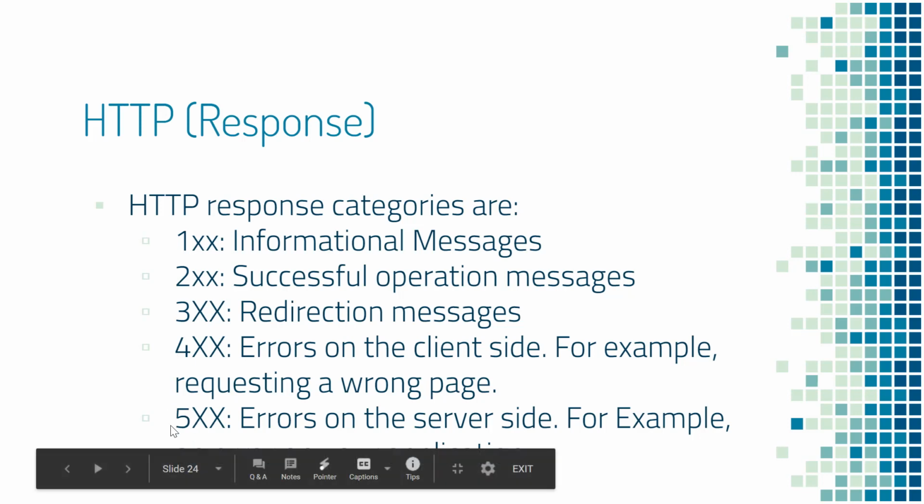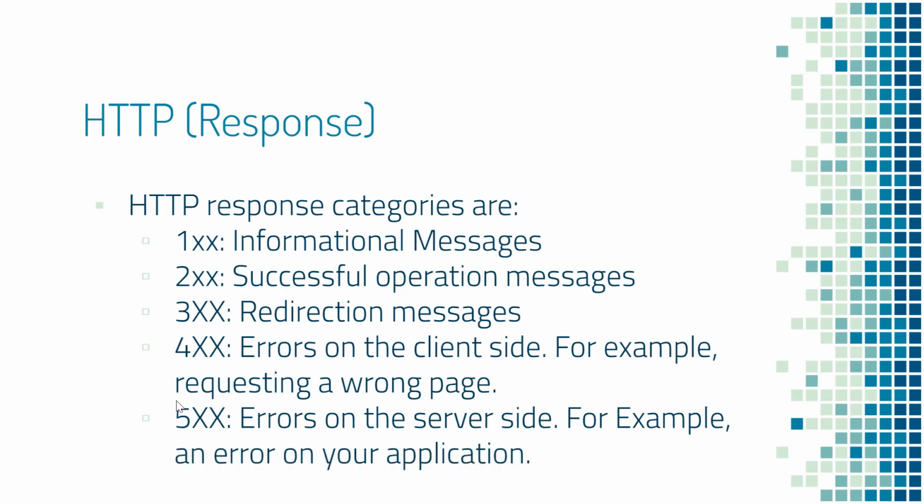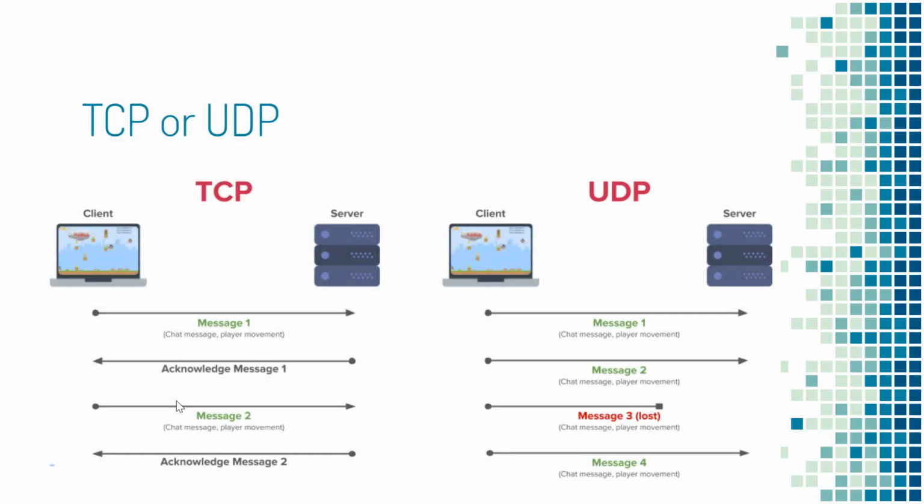When you are facing a response code that starts with 5, that means there was no problem with your request, but the server has some difficulty processing it. So most of the time, any message that starts with 5 means there was a problem on the server and the server was unable to process your request.